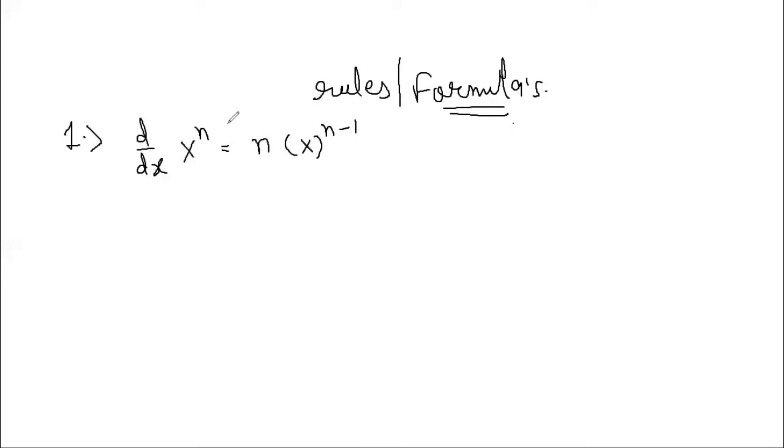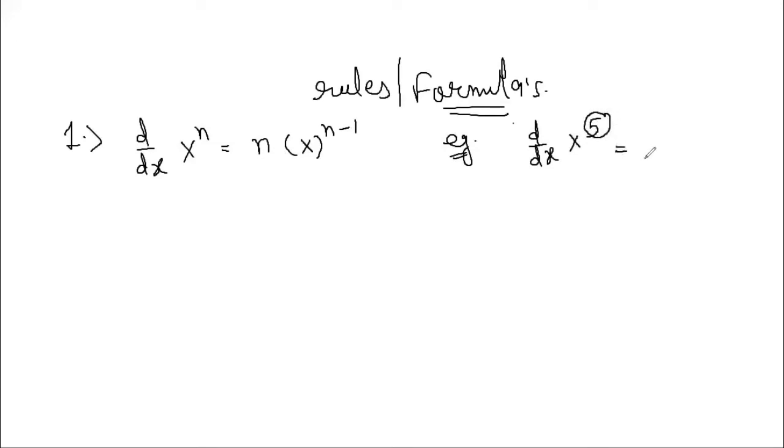The meaning is that whatever power you have, just bring that power to the front, in the beginning, and write the variable as it is, and whatever power you have will be reduced by 1. Let me give one example. Suppose you have to do the differentiation of x to the power 5. Then here the value of n is 5, the value of the power is 5.